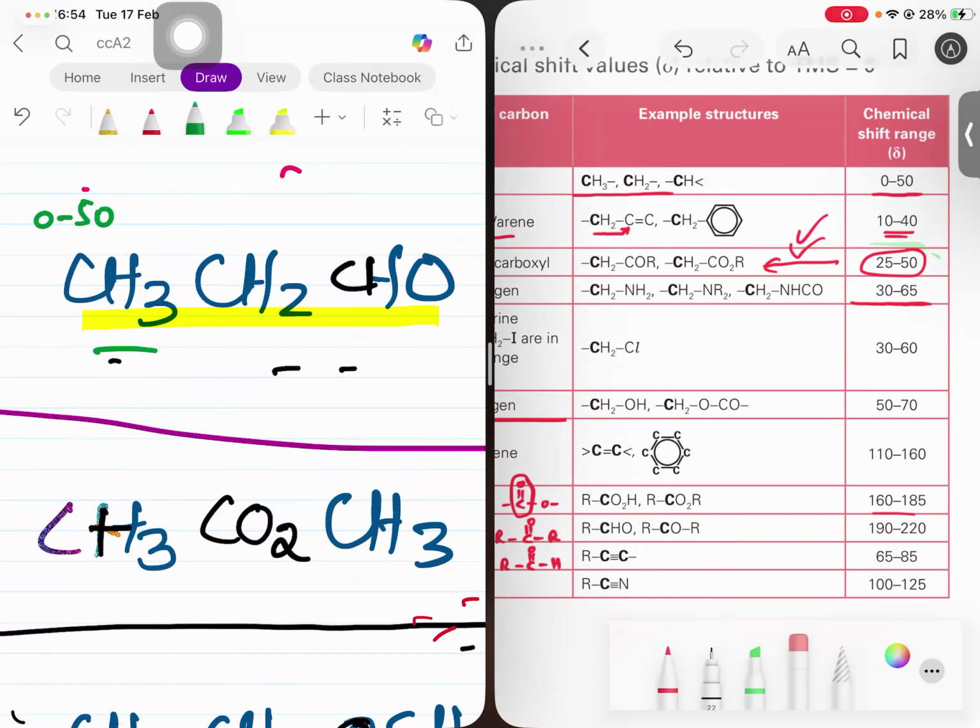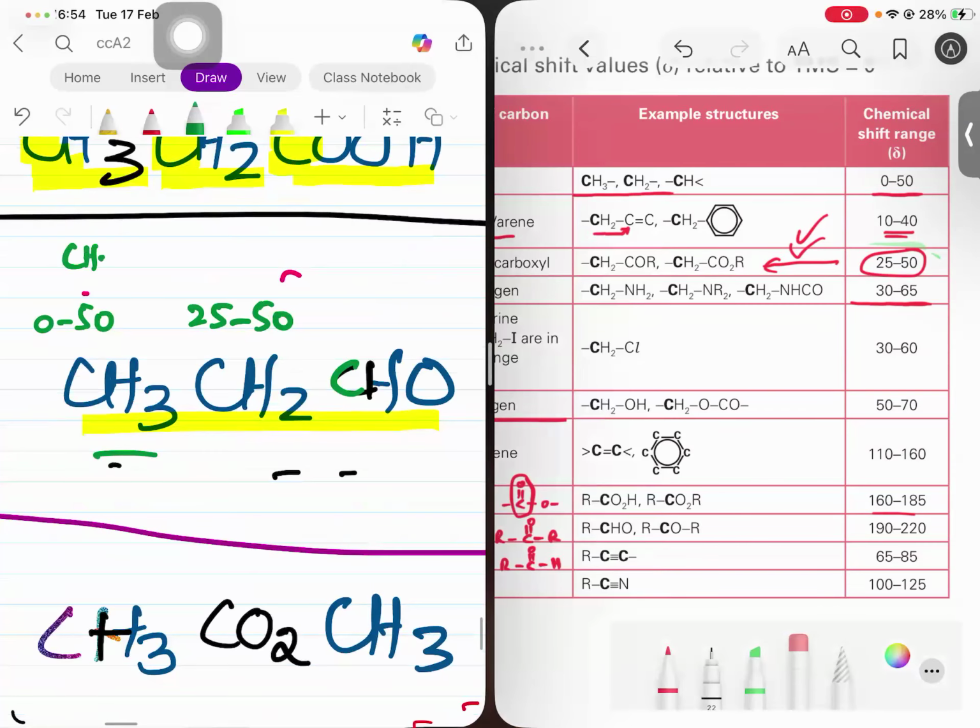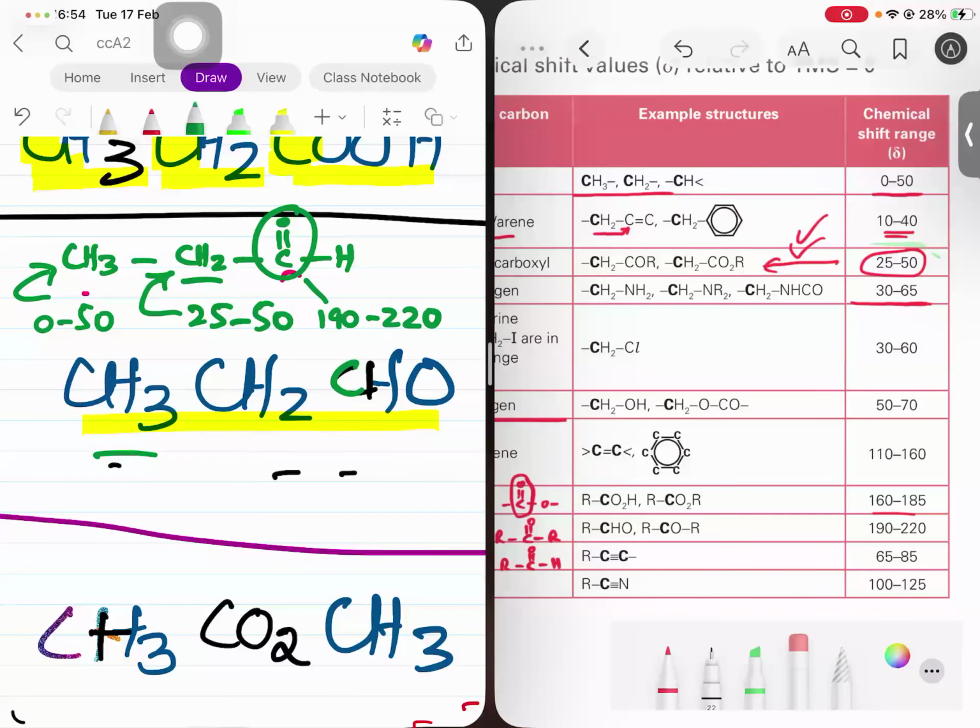The second one is CH2, but it is next to C double bond OH, so because of being next to it, it is 25 to 50. And what about the last one, carbonyl? Yes, this one is 190 to 220 chemical shift value.